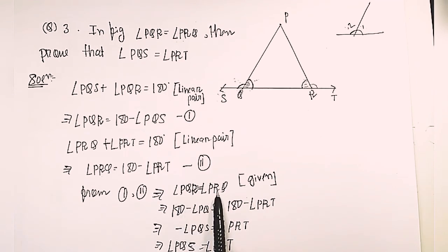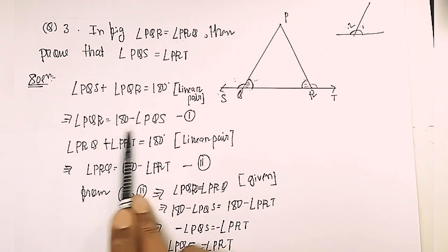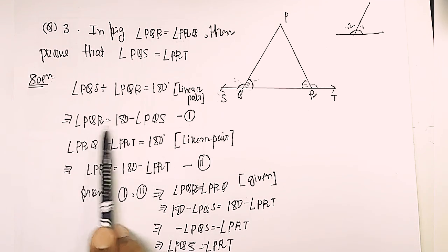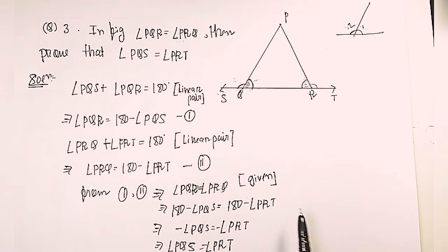So PQR equal to PRQ implies PQR, from equation 1, 180 minus PQS. That means instead of PQR we can write 180 minus PQS, because PQR equals 180 minus PQS. And PRQ equals 180 minus PRT. That means instead of PRQ we can write 180 minus PRT.